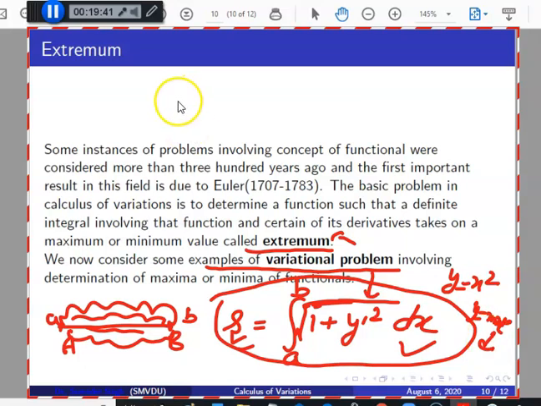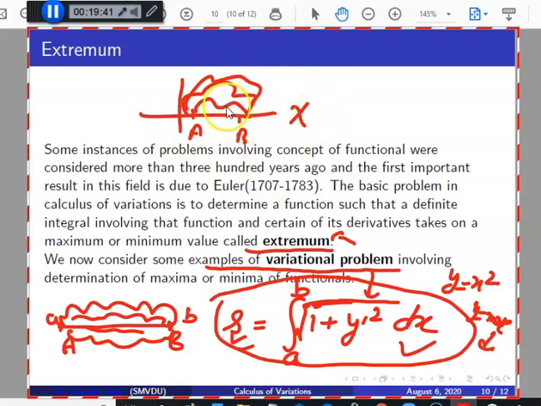You can have another problem. You have a curve between 2 points like this. It can be like this. Then you revolve this curve about the x-axis. Then you have to determine the curve by revolving which you get the maximum area.